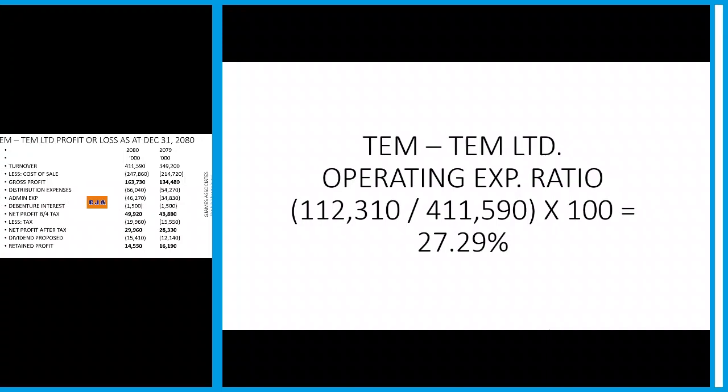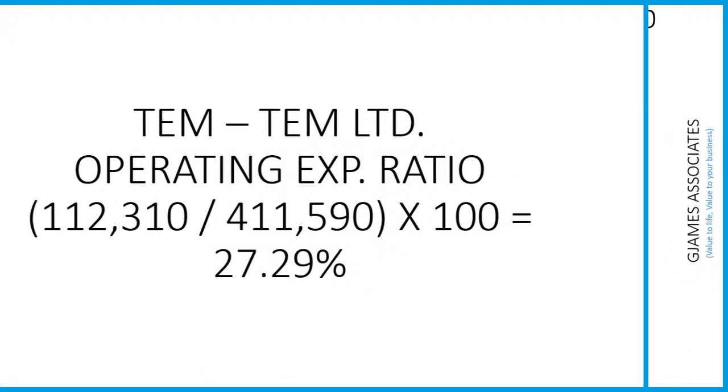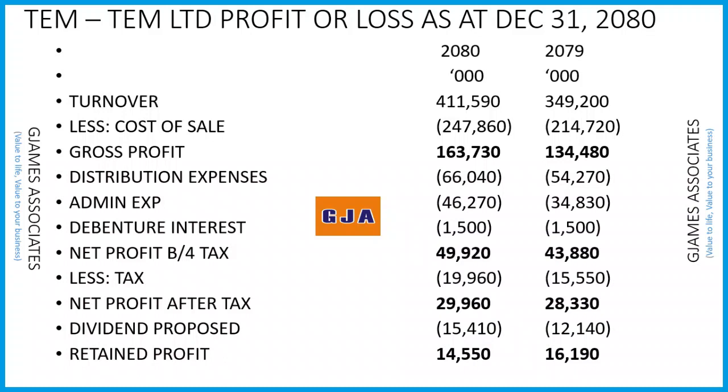By virtue of this question, we've tried to calculate gross profit margin, net profit margin, and our operating expense ratio. Next time we are going to be looking at ratios like return on capital employed and the like, using another hypothetical example and hypothetical question.